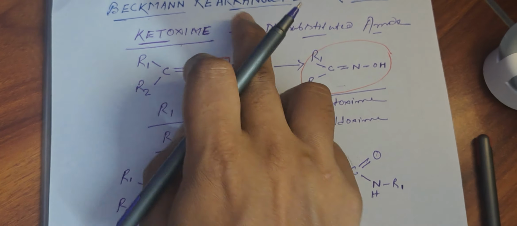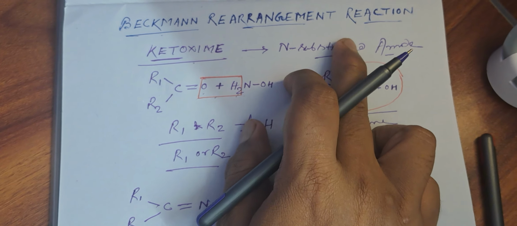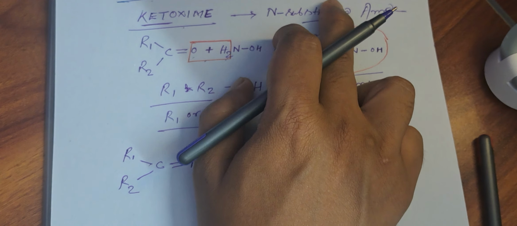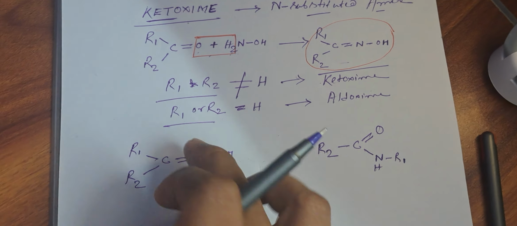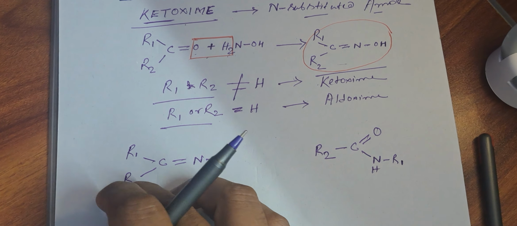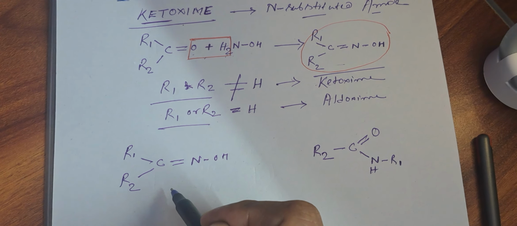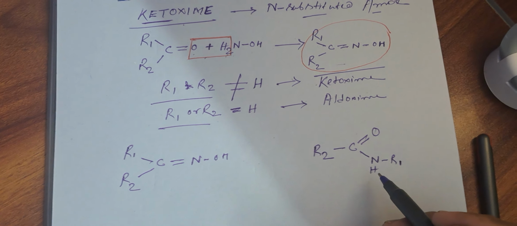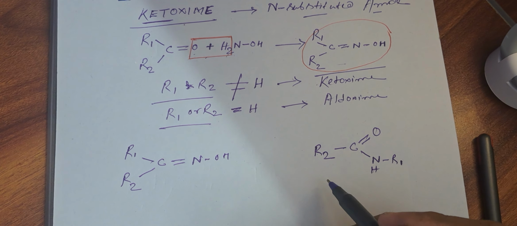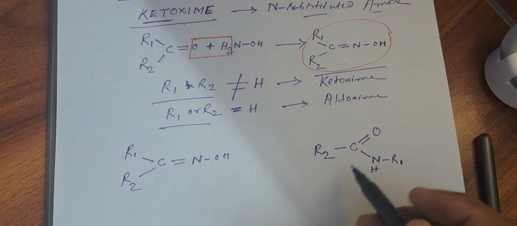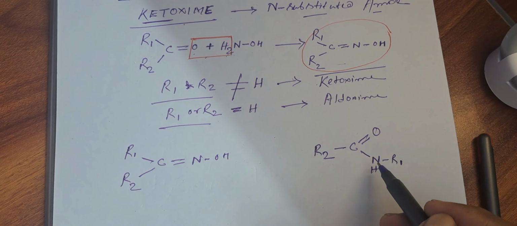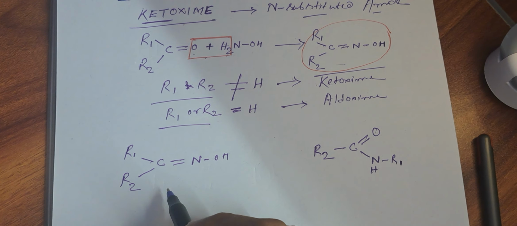As I said, it's a rearrangement. It's not a substitution reaction. Whatever components constituted the initial starting material, you will find in the final product also; the final product will not lose any component which was there with the starting material.